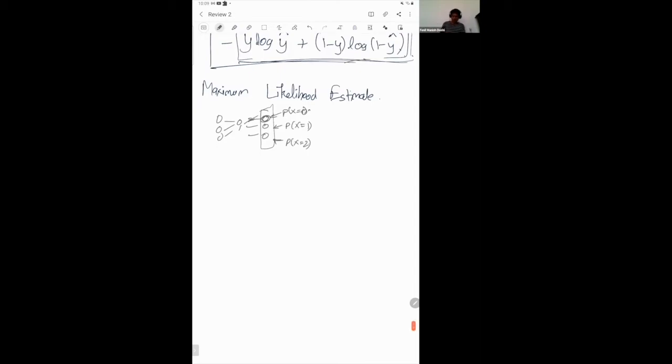So what you are essentially doing is making a neural network learn a probability distribution over the classes: P of 0, P of 1, P of 2.